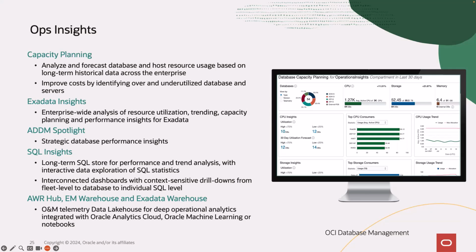Exadata Insights lets you analyze the resource utilization of Exadata systems like database machines, cloud services, and cloud at customer, and identify the spare capacity for new workloads. This gives you a holistic view of all the Exadata systems across your enterprise to help optimize the capacity based on proactive planning and drive database consolidation use cases.